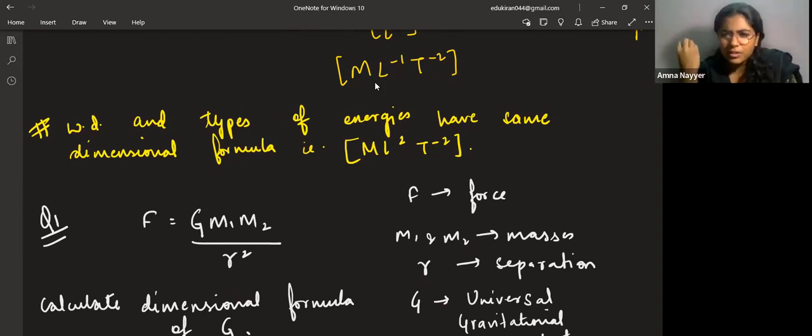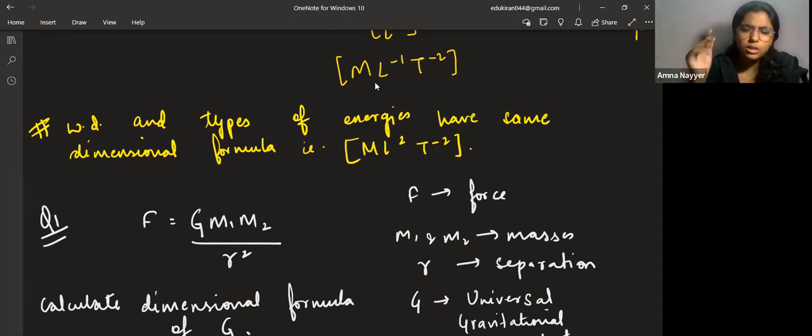Gravitational potential energy will be there, electrostatic potential energy will be there, electric energy will be there, internal energy of the system will be there, right? So for all the types of energies, you will use the same dimensional formula. Fine. Regarding what type of energy is there, you have a separate lesson, work energy and power. There you'll see the detail of kinetic energy and potential energy mainly. All right, Vibha.